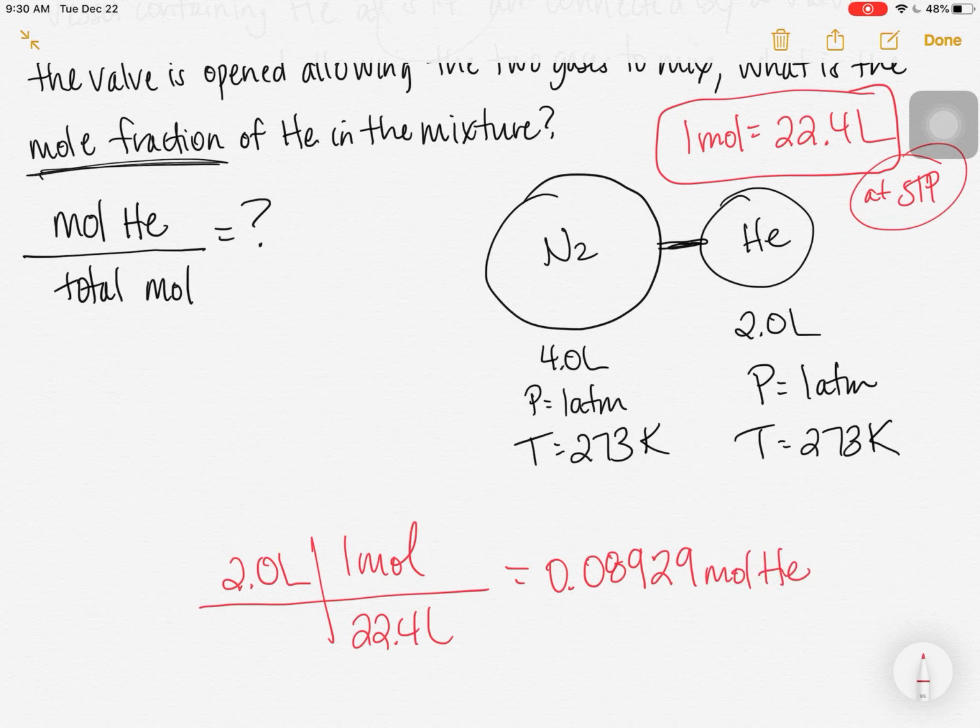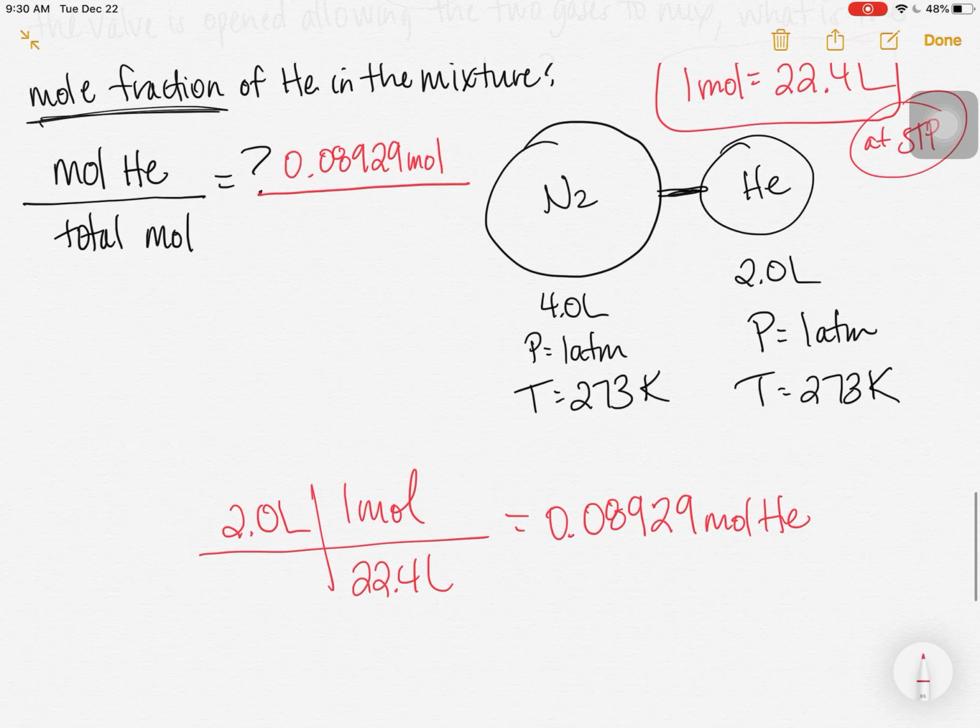Okay, so that's the top of this fraction. And this is actually a loaded question. I would love to really go in depth with this, and I can in a minute. And then I need to know the total moles, which means I need to know the moles of nitrogen. So I can do the same thing.